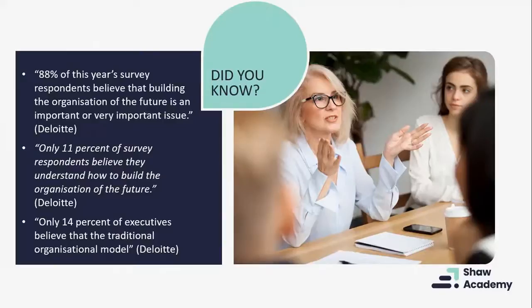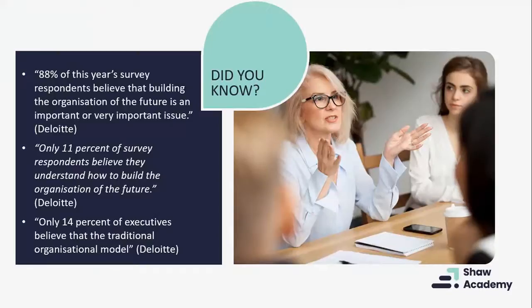Finally, we see that 14% of executives believe that the traditional organizational model is effective. So instead, we see that leading companies are pushing forward for a more flexible, team-centric model. So the traditional model is moving out, and we see a new and better organizational design being preferred by top leaders and managers.